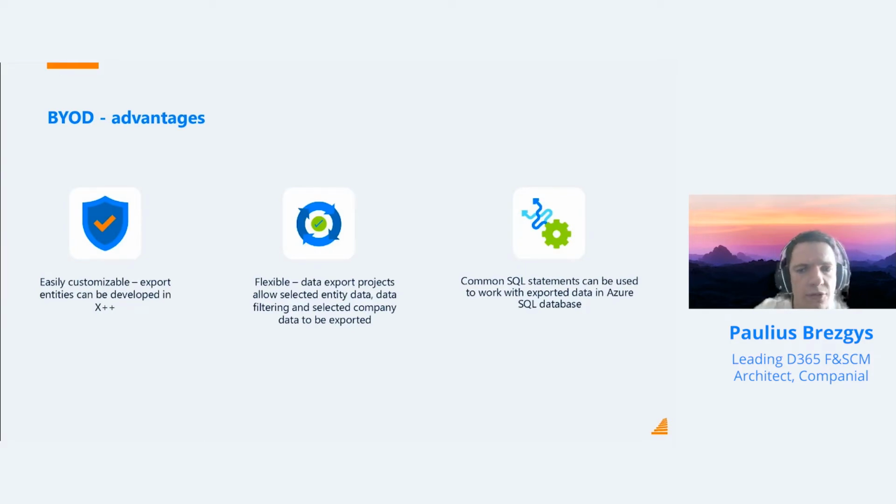Now, some advantages of bring your own database. As you could already picture, they are really easily customizable. You can customize the entities, the frequency, and the scope of the data, filter it even by queries, by companies, and so on. So really cherry pick what kind of data you want to export.